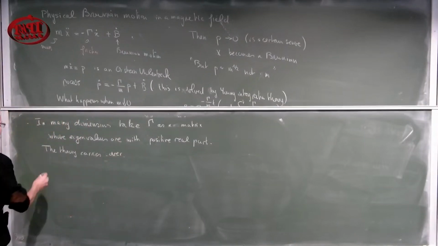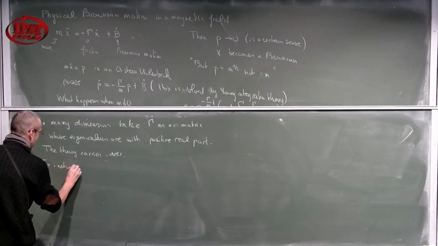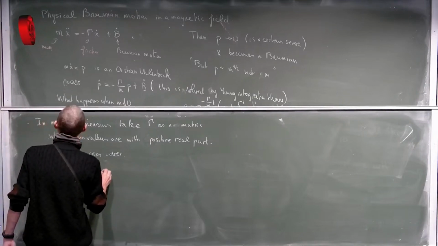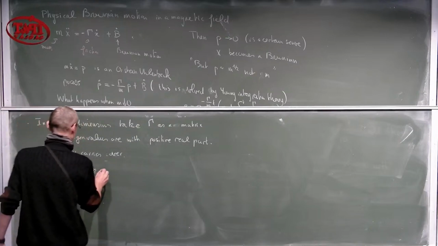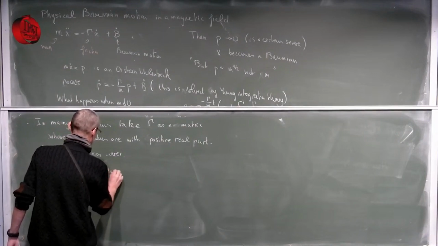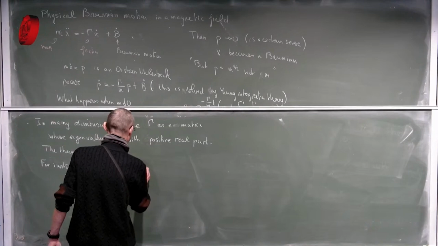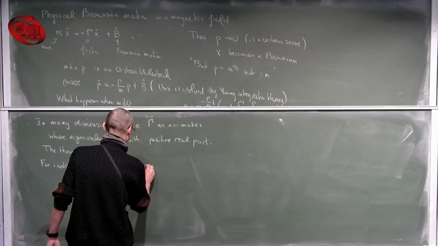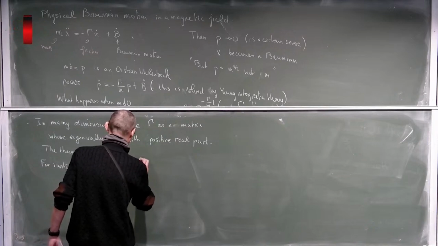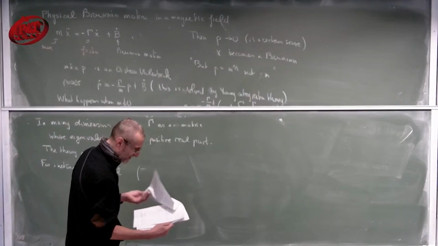And in fact, for instance, take d equal to 2, and I will have basically everything wrong, but nevertheless... So did I write it down somewhere explicitly?